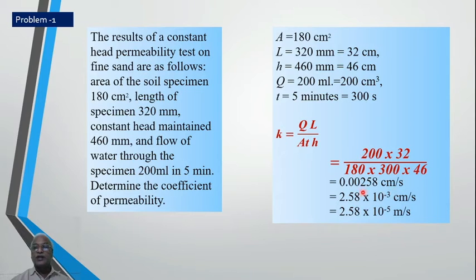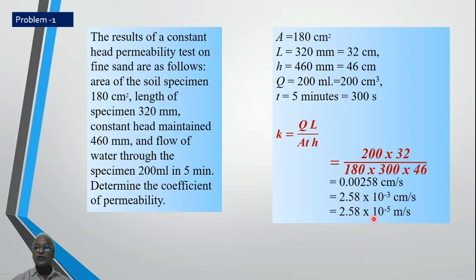So everything reduces to 0.00258 centimeter per second, or 2.58 into 10 raised to minus 3 centimeters per second, or 2.58 into 10 raised to minus 5 meter per second. That's how the K is written.